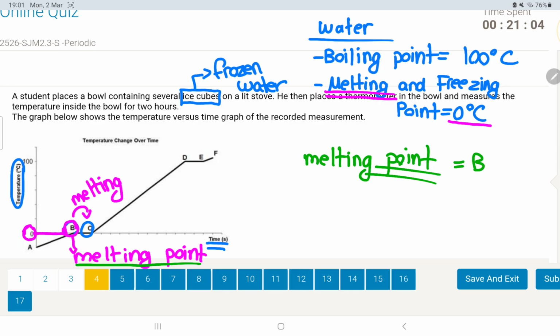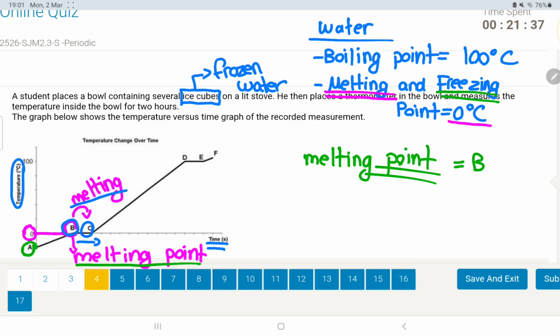Okay? So now let's see. From B to C, we reached B. B is the melting point, we said. So B and after, it's gonna be melting. Understand? So B to C, it's melting, and B is the melting point. But now here, we have A. What did we say? 0 degrees is also the freezing point.